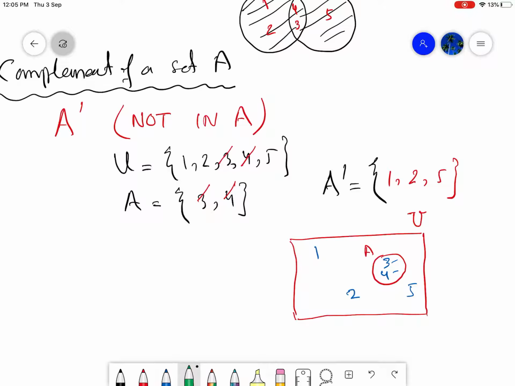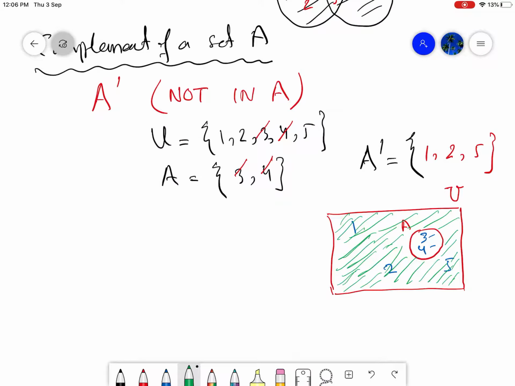If you want to shade that, by definition, complement of A means everything outside A, everything which is not in A. So that is our shaded part in that case. So this is our answer in terms of a Venn diagram. Shade everything which is outside A.